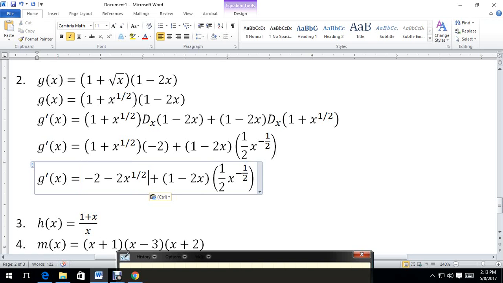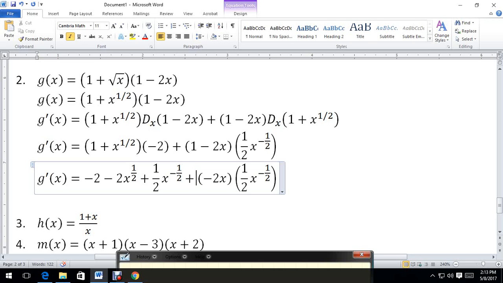As for the second part, this part here, we can distribute this part with both 1 and negative 2x. So 1/2 x raised to negative 1/2 times 1 becomes itself. Okay, so this becomes the part of 1 times 1/2 x raised to negative 1/2.